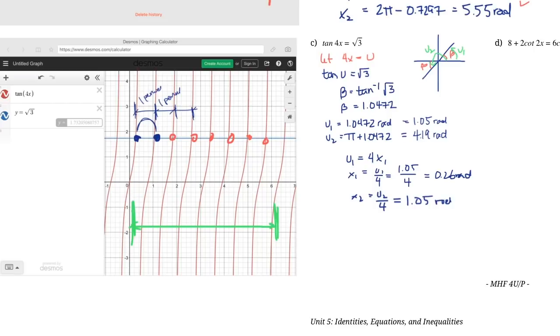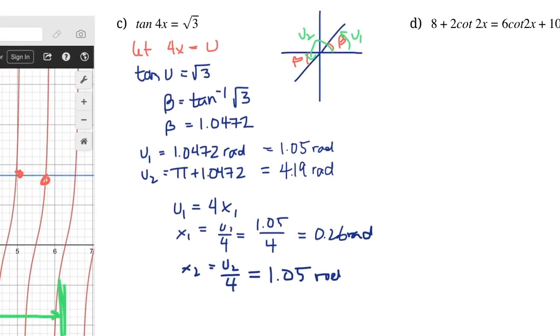But what's different about this function? What's going to be the period of this function? Well, the k value in front of that x is actually 4. So remember, our relation between k and the period is that the period equals pi divided by k.